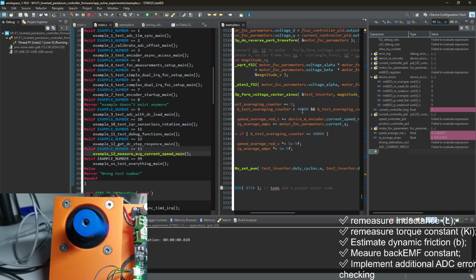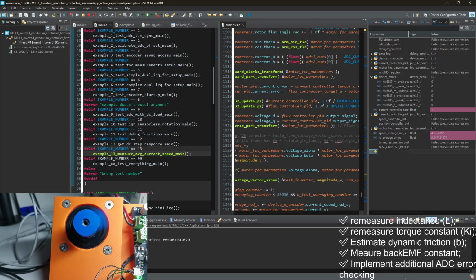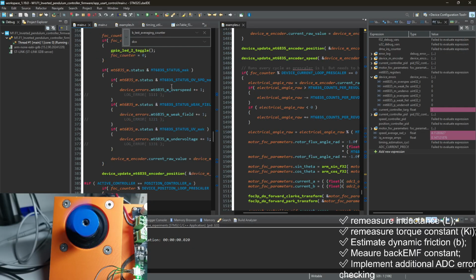Actually, let's see what we measure as speed. Oh, I know, I'm such a stupid person. I'm just stupid.